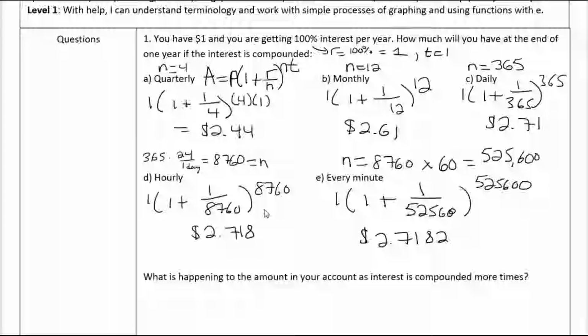All right, so notice what's happening here as you're going from that number to that number to that number. As the number of times that we're compounding increases, well then this is approaching a value, right? It's approaching this 2.718 number.